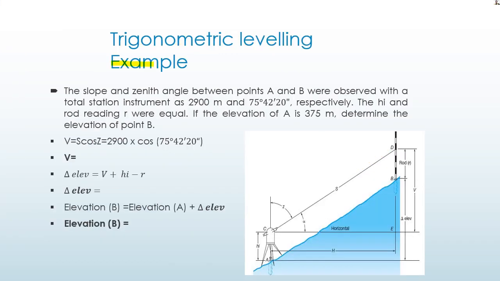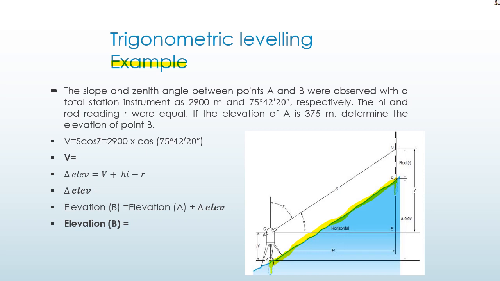Now we have an example for the trigonometric leveling. To determine the height difference between point A and point B on a steep slope, we have to use the trigonometric leveling method.